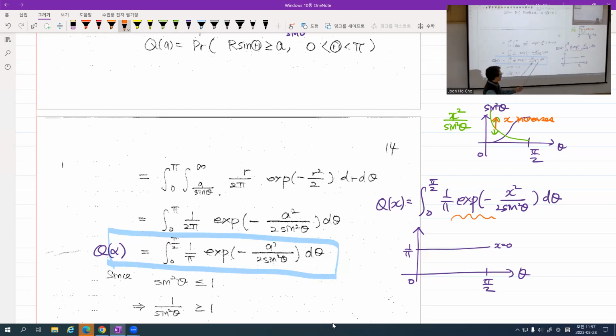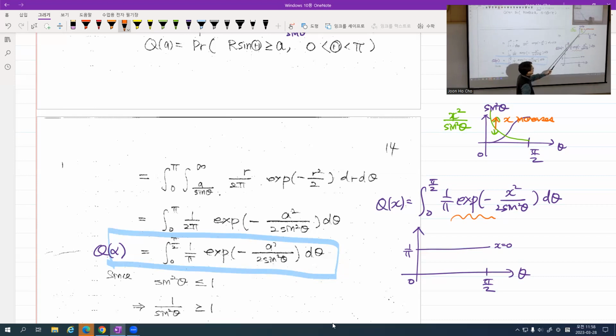And we know that for Q of x, when x increases, the function decreases, right? So if we plot the integrand, that is some function close to the horizontal axis, and then we integrate. However, that function is smooth, even though it may not be continuous here.